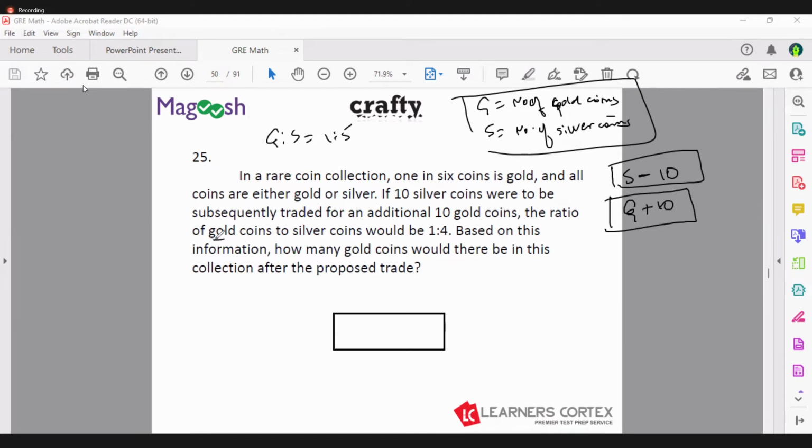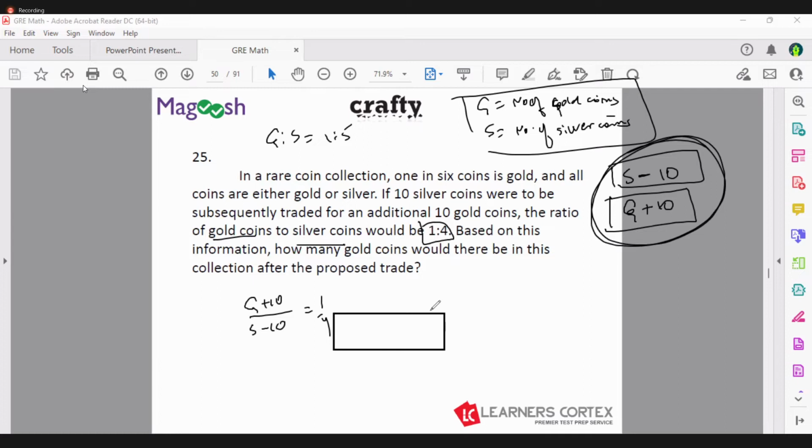The ratio of gold to silver would be 1:4. So this new ratio, now that we've given away 10 coins of silver and gotten 10 gold coins in exchange, becomes 1:4. Based on the information, how many gold coins would have been there in the collection after the proposed trade?